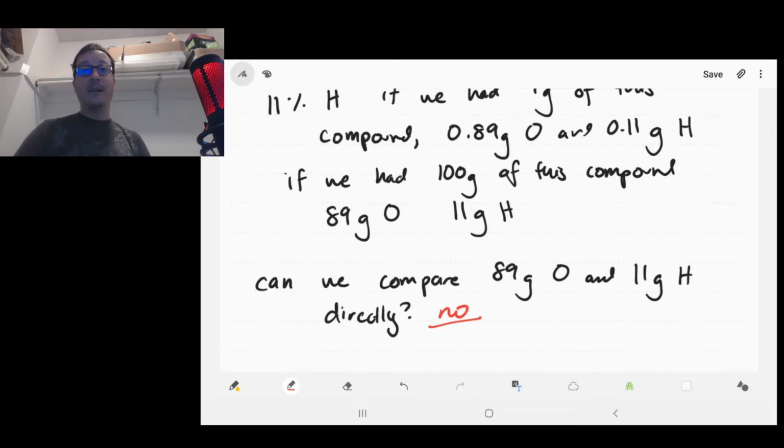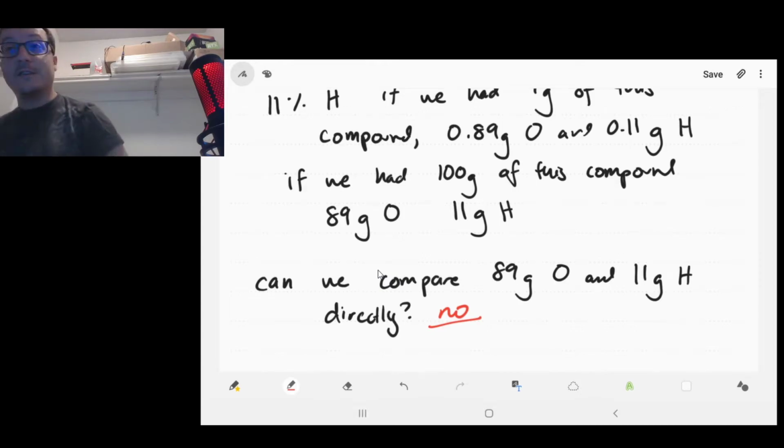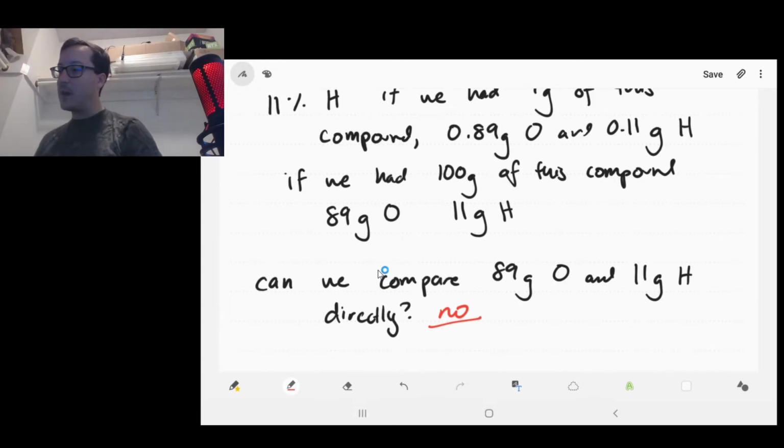So because these weigh very different amounts, if we had different numbers of atoms, we can't say, okay, there's just a ratio between these masses. Because these have different atomic masses. Each atom weighs a different amount. And so what we could do is we can either turn these 89 and 11 grams into atoms.